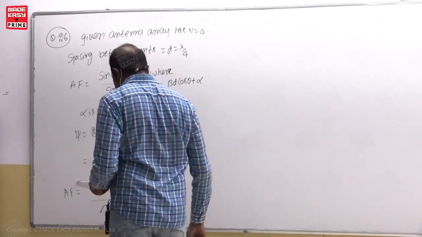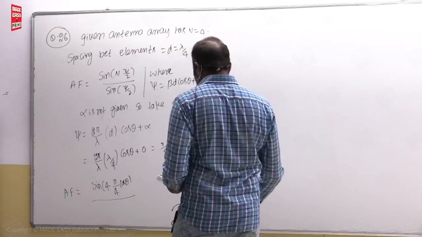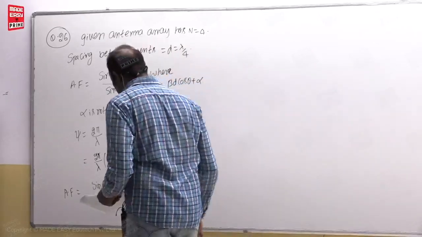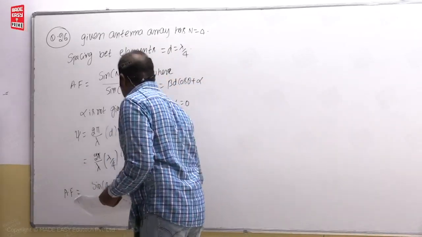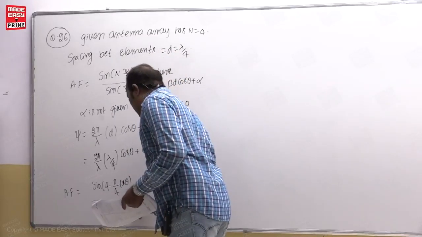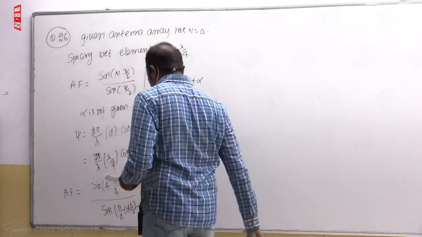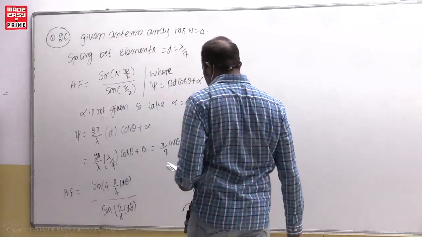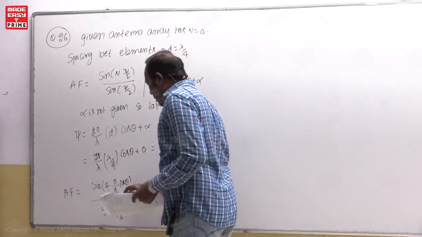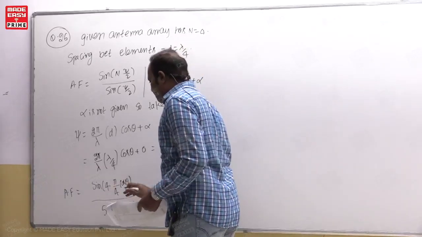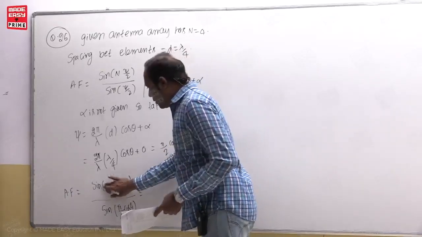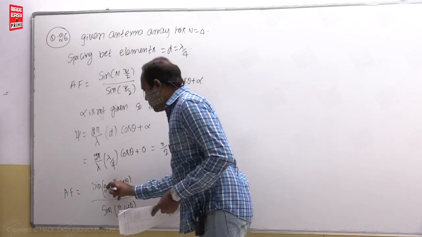So divided by, downside, what is there? Sin psi by 2 means sin pi by 4 cos theta. So you have to cancel them, no? That is why first I am writing 4 as 2 into 2.